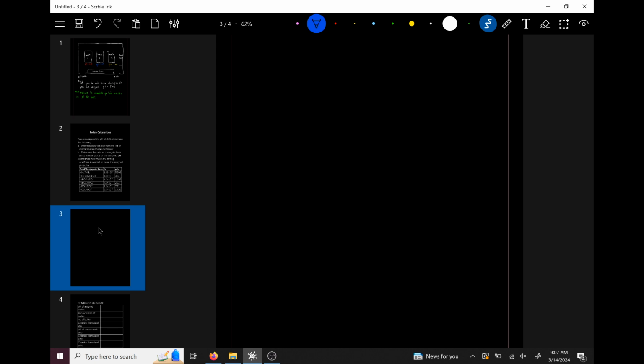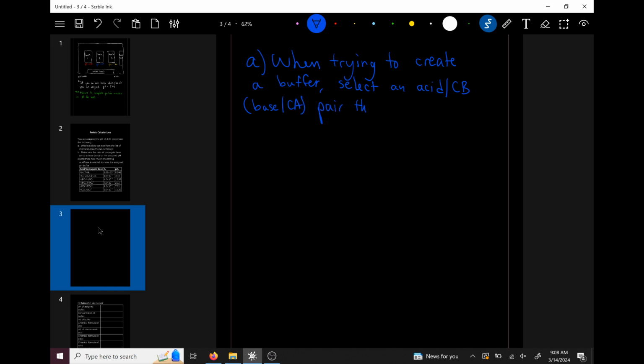So to answer part A, when you're trying to create a buffer, select an acid and conjugate base, or a base and conjugate acid pair, that has a pKa closest to the pH of interest.